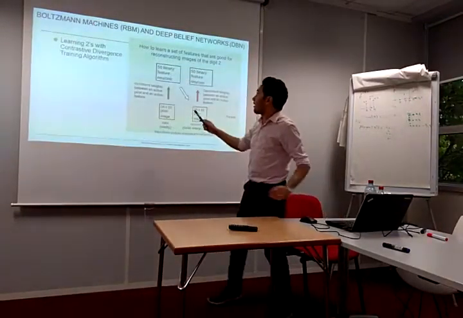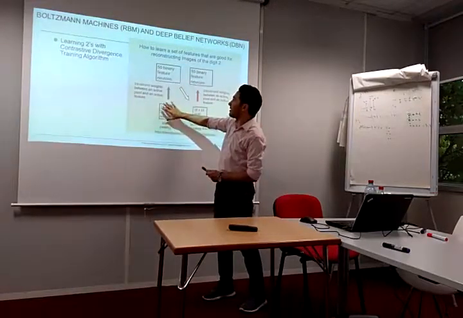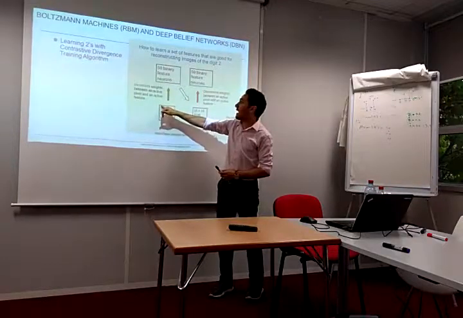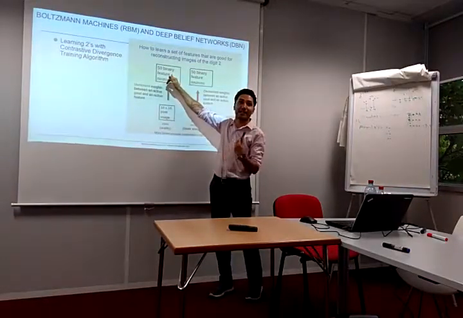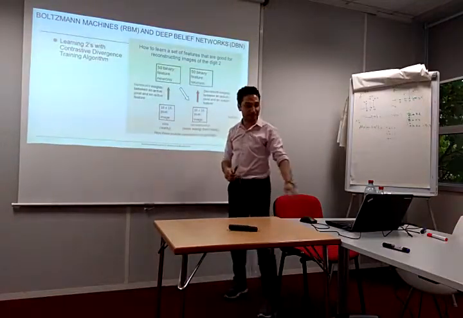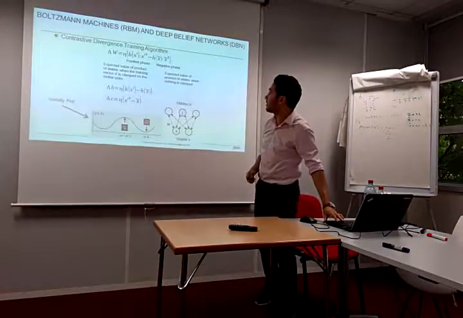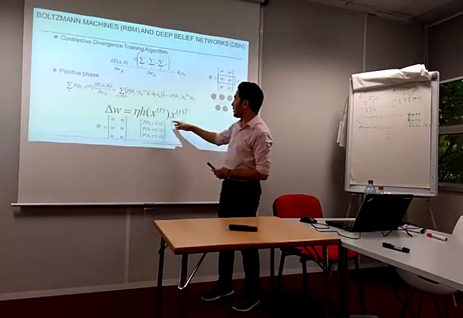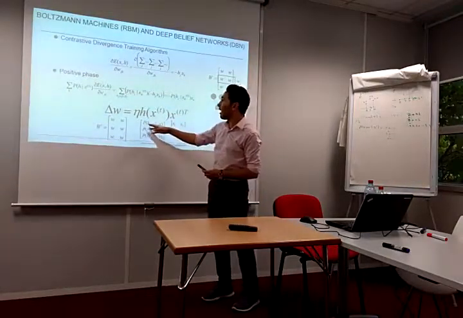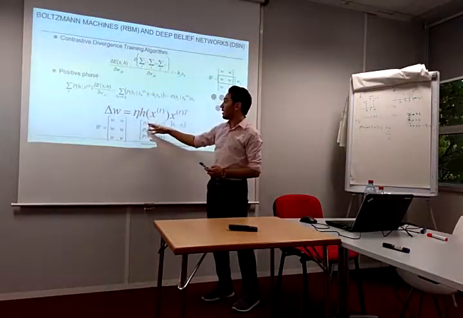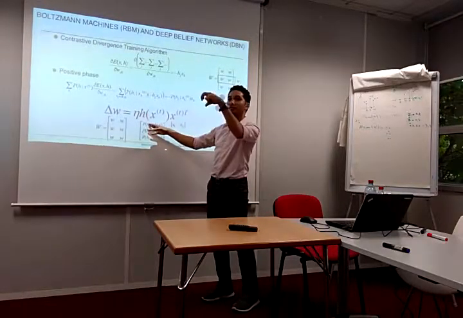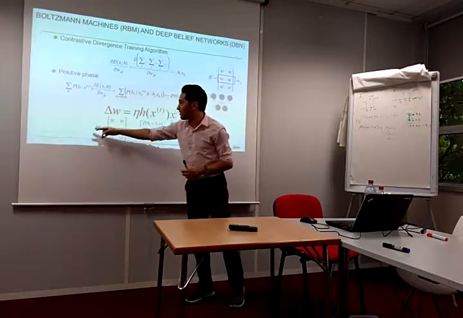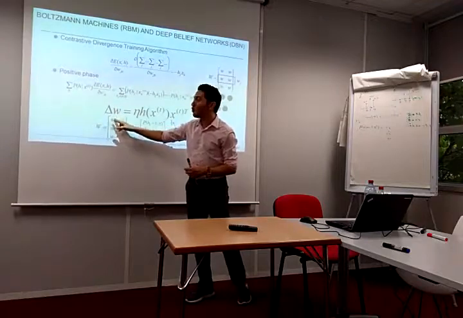So it's like we are incrementing the weights between an active pixel and an active feature. When an active pixel here has a connection with a feature here that is active, that's 1, we increment the weight, because this is the equation here. If we have an active x that corresponds to a high probability of having an active hidden neuron, this term will be positive, and delta w will be positive.